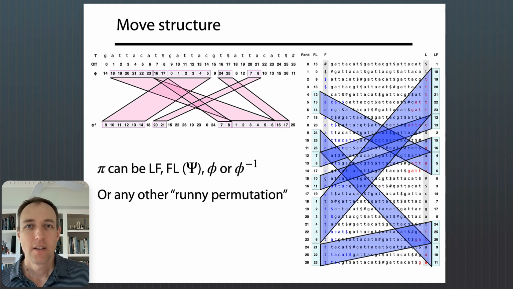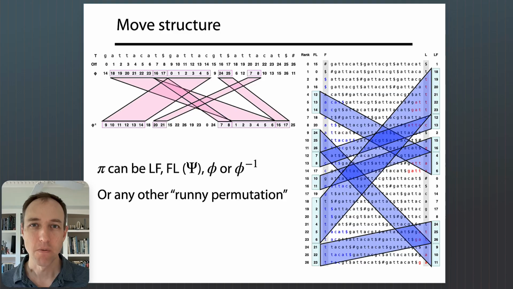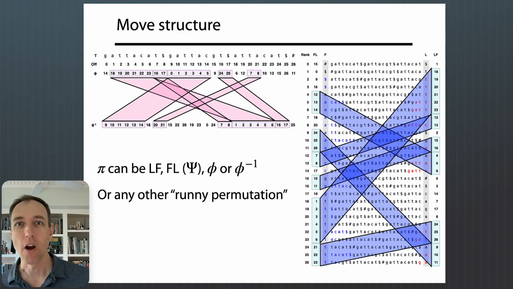So there could be other applications that have nothing to do with genomics, but nonetheless involve these runny permutations where, again, the move structure can bring its unique advantages: constant time permutation queries, big O of r space usage, where r is the number of blocks, the number of BWT runs, or otherwise the number of blocks in the permutation.